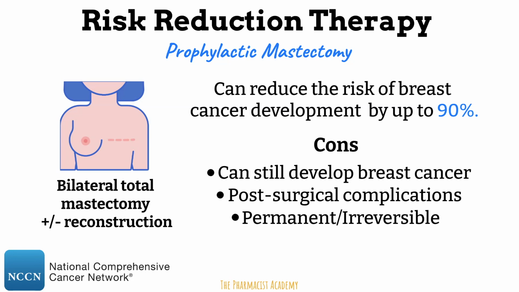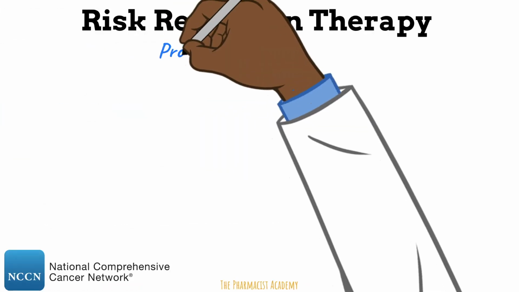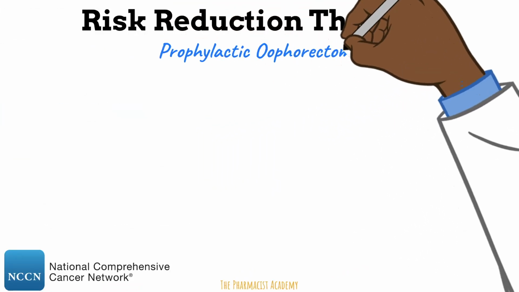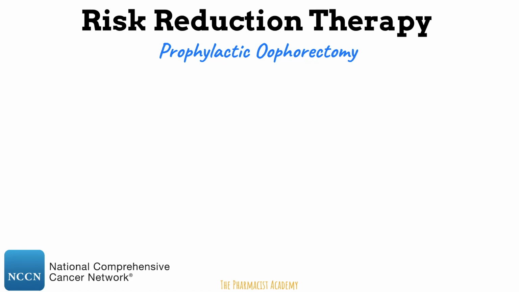Okay, so the next option of risk reduction therapy is a prophylactic oophorectomy. This is a surgery to remove one or both ovaries to reduce the risk of developing breast cancer. Remember previously we discussed the risk factors of breast cancer and the impact of the patient's reproductive history.